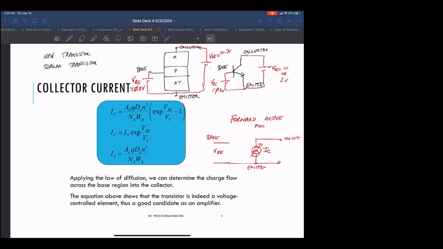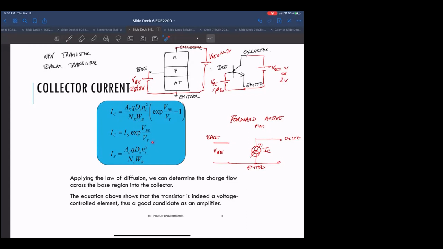And this collector current is given by an equation which is dependent on a bunch of stuff. Again, I'm not going to get too much into it. It's the kind of stuff you recognize from the diode. This is the area of the junction, charge of an electron, intrinsic carrier concentration, diffusion constant, width of the base. So a bunch of stuff.